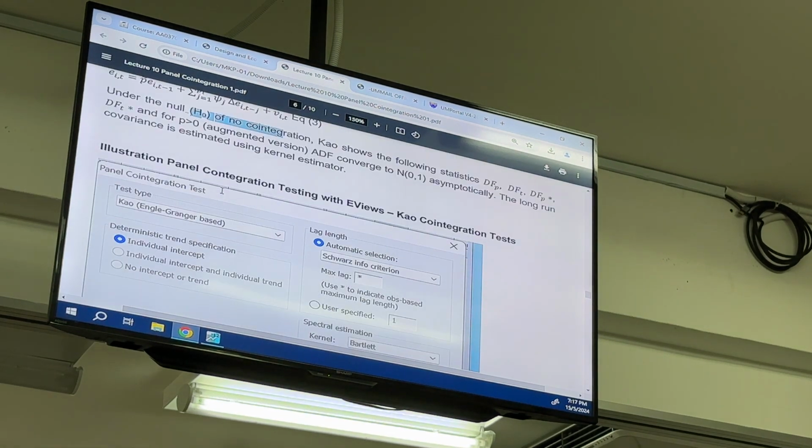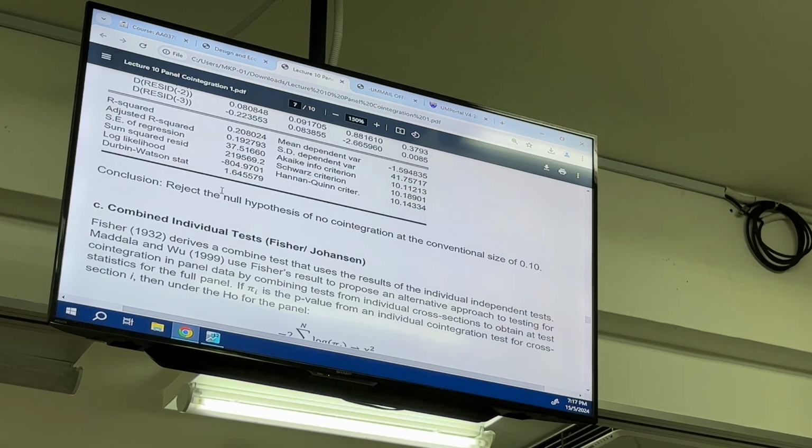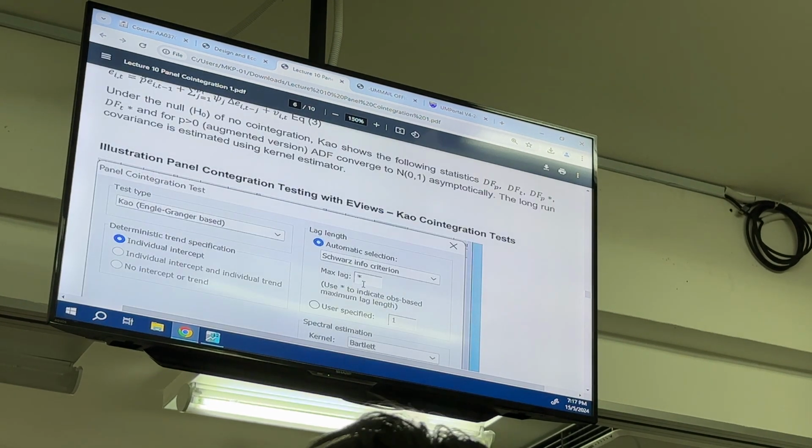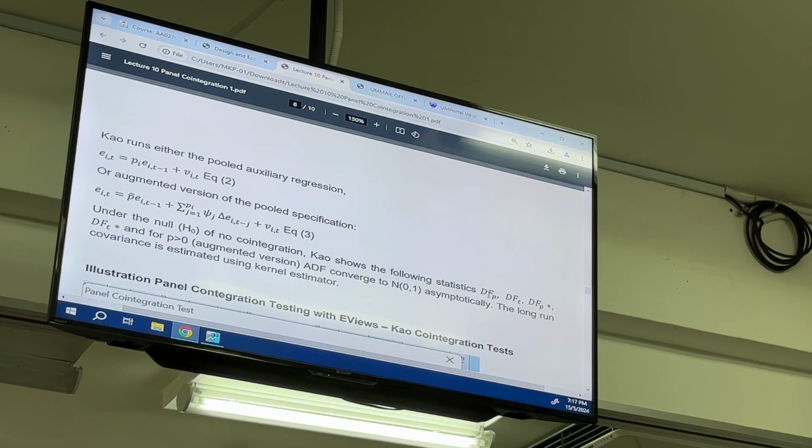So you will come up with the ADF, like you come up with the ADF and then here the following statistics, like the Dickey-Fuller for the rho, Dickey-Fuller for the t, and the rho star and the t star here.